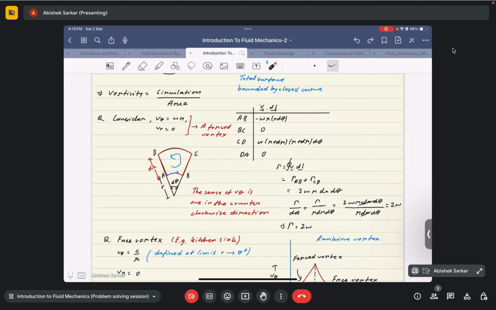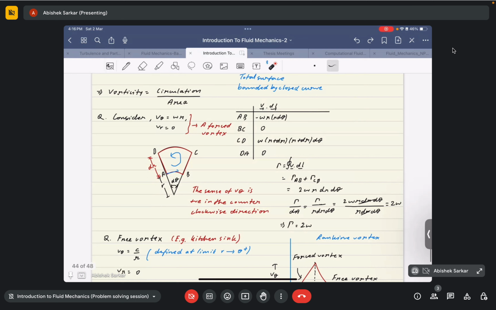Since we are only considering the length element, there is no need to consider the area. So the total length enclosed by the curve AB is r d theta, right?